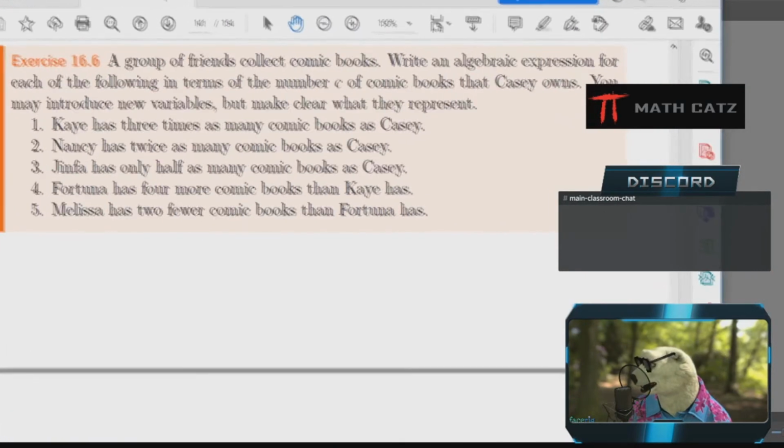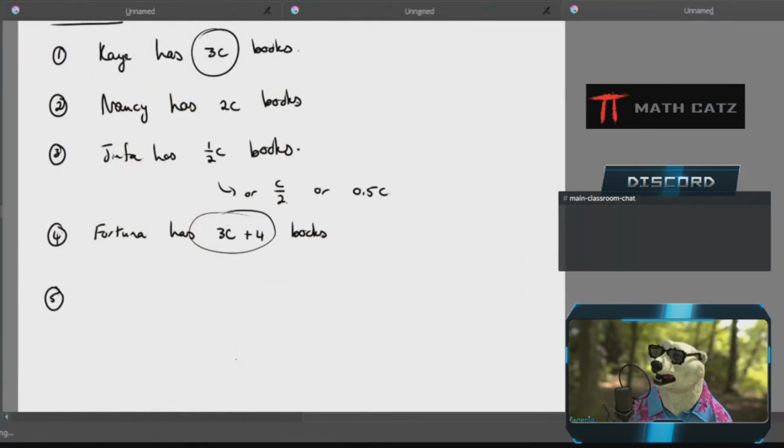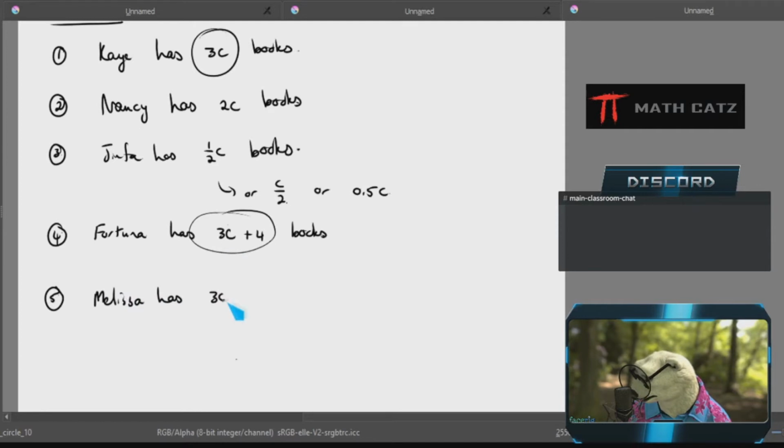Number 5, part of our introduction. Melissa has 2 fewer comic books than Fortuna has. So let's write our little sentence here. Melissa has 2 fewer comic books than Fortuna. Fortuna has 3C plus 4.